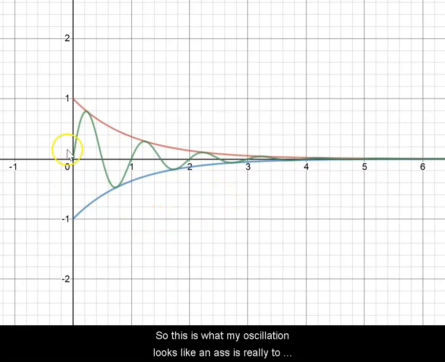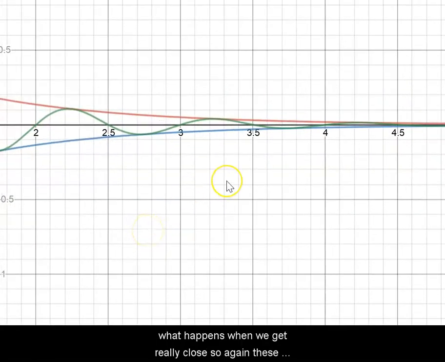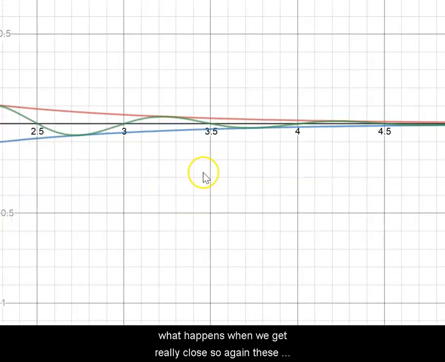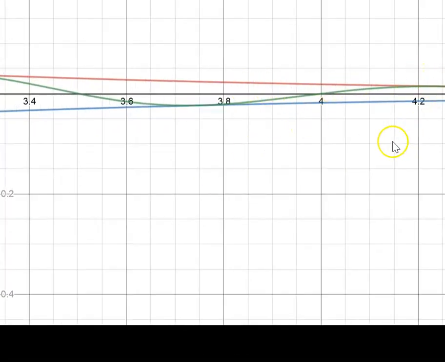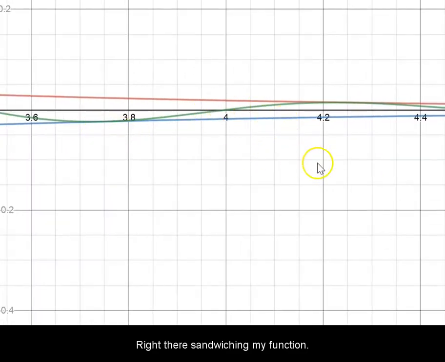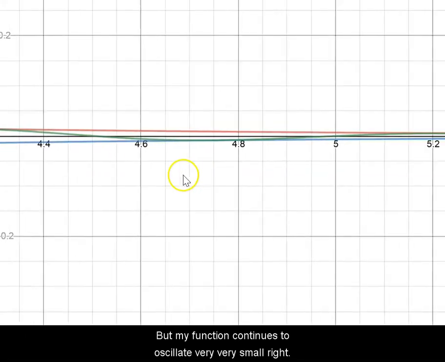Okay, so this is what my oscillation looks like, and it asks us really to only go to 3, but let's play around a little bit and notice what happens when we get really close. Again, these values will always approach 0, right? They're sandwiching my function, but my function continues to oscillate. Very, very small, right?